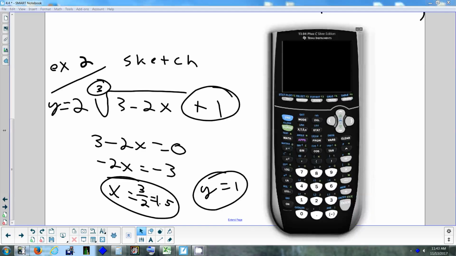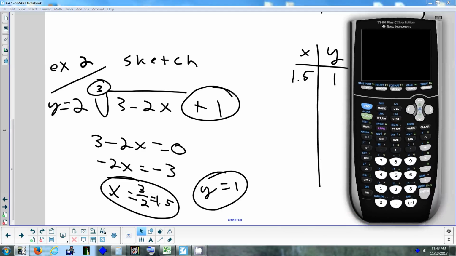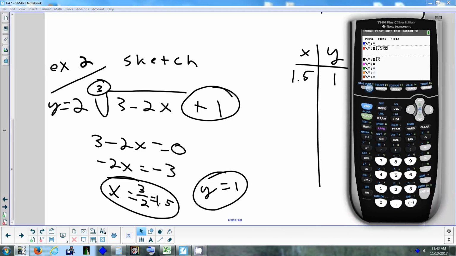Okay, now I'm going to type in the equation. Use the table to get a few more points. Now we already said this, but should I be checking points to the left and to the right of 1.5, or just on one side? I've got to check both.